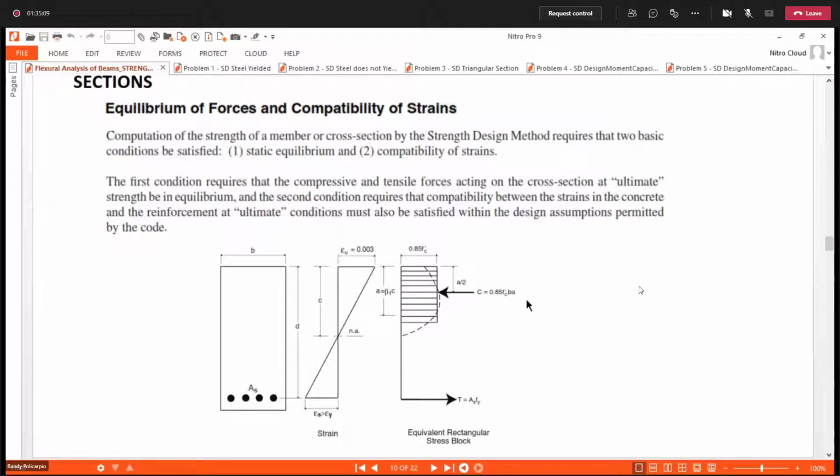So that is how we get our compressive force, and the location of this is at the center of this stress diagram, which is A over 2 at the top of the beam.